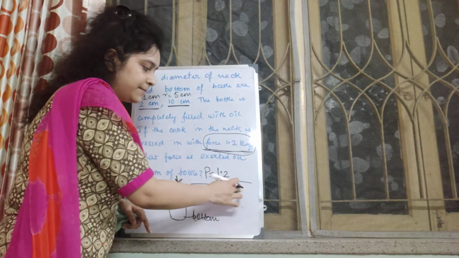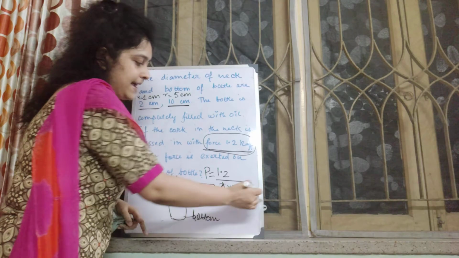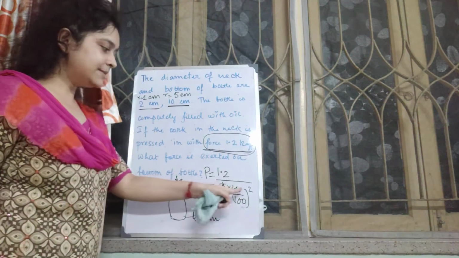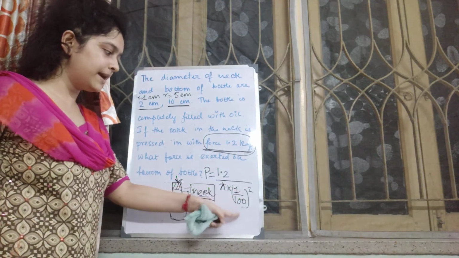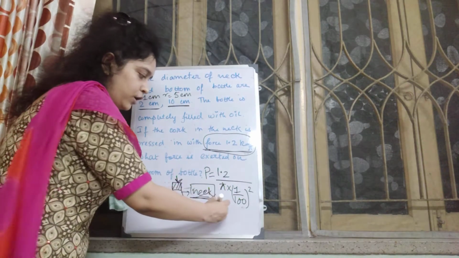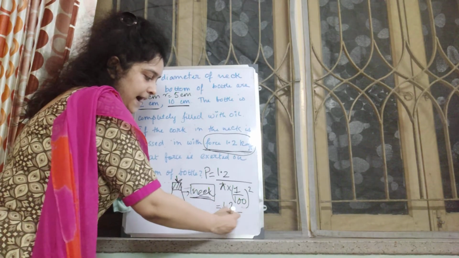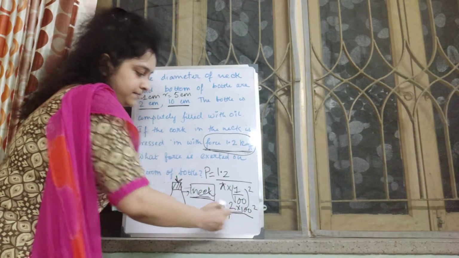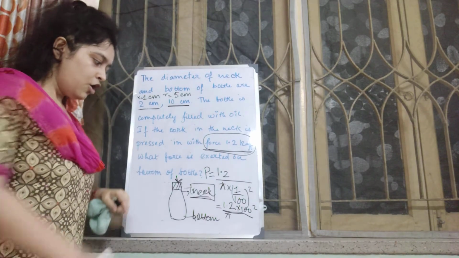So basically it will be 1 by 100 whole square, because 1 centimeter to meter is 1 by 100, and you have r square, so 1 by 100 whole square. What do you get? 1.2 by pi, and the 100 square just goes to the numerator.